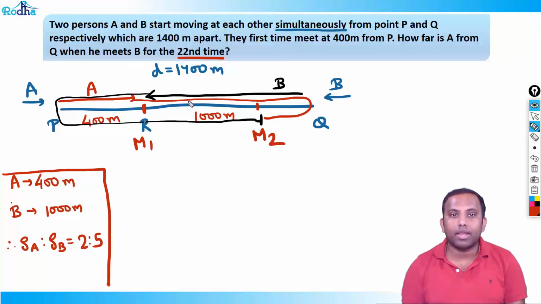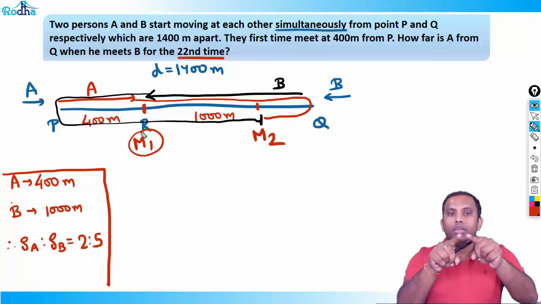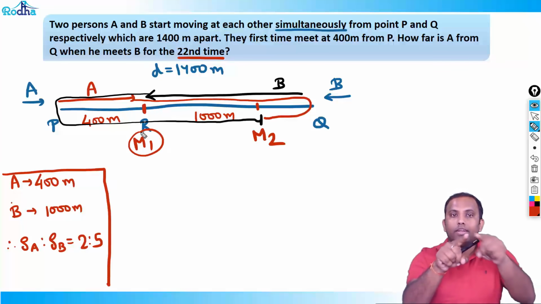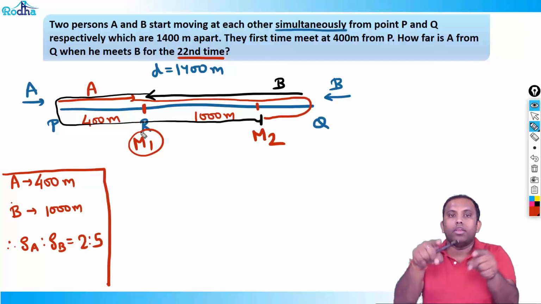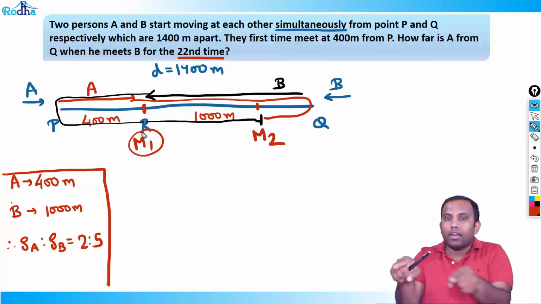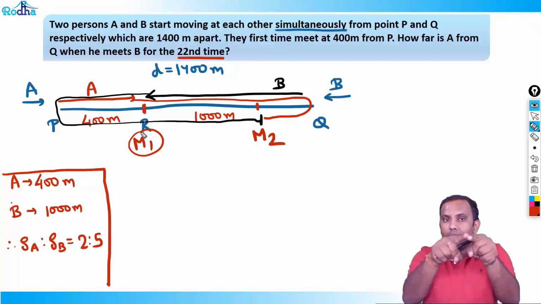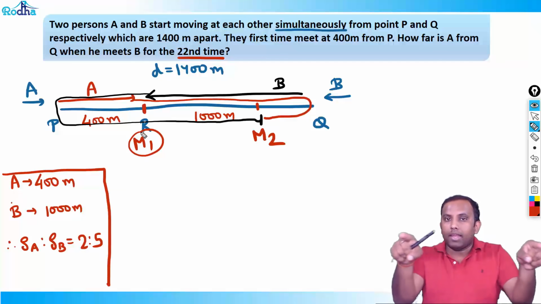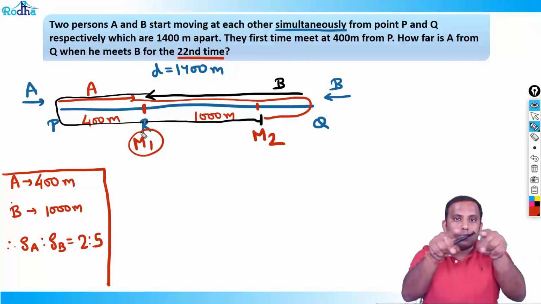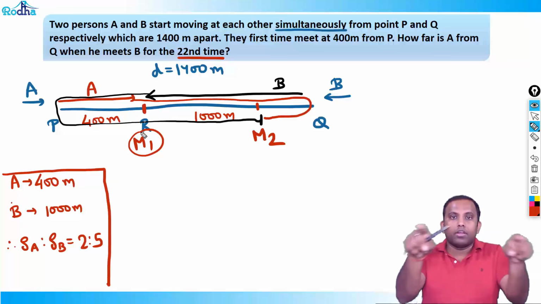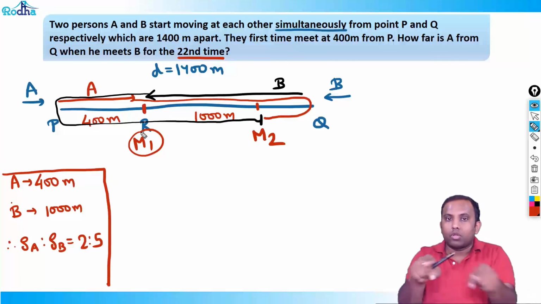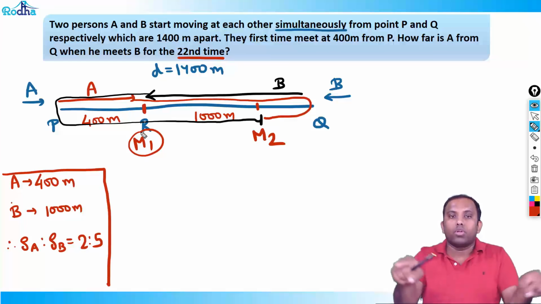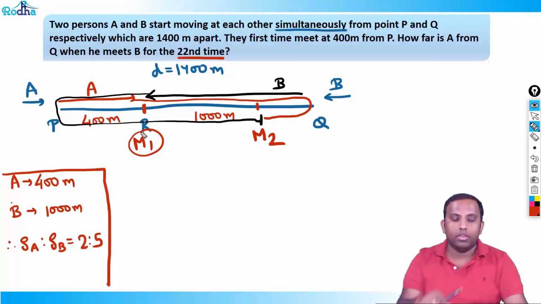This is the first meeting point M1. From M1, B has continued his path and A also continued his path, and they are meeting at M2. From M1 to M2, you see this line drawn, they have covered the track twice. That means the total distance covered is 2D.